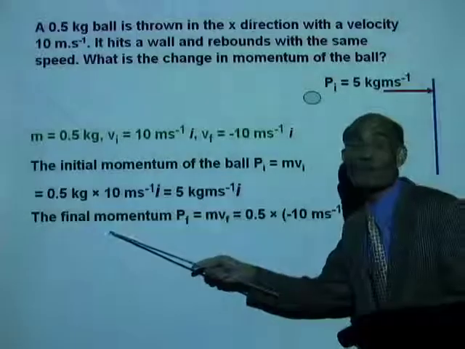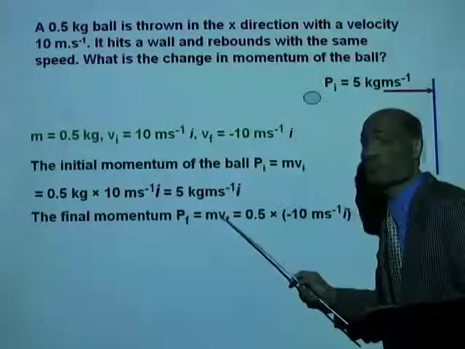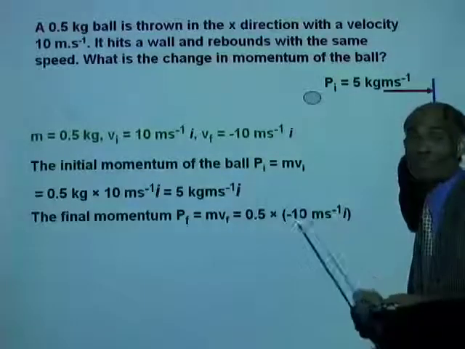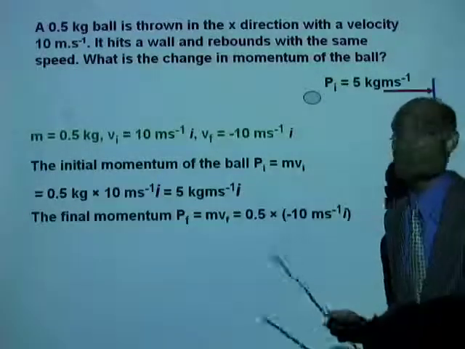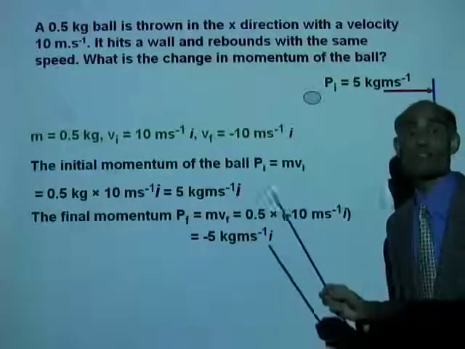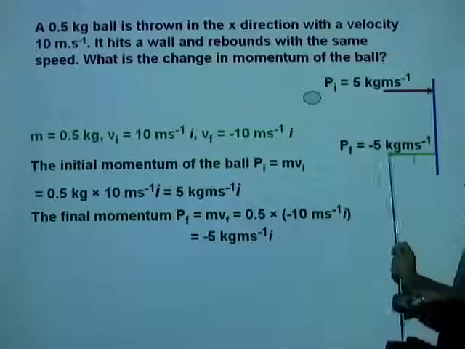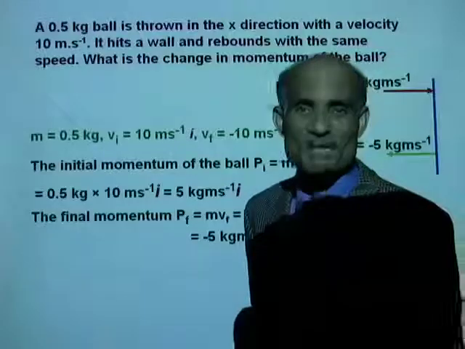What is the final momentum? The final momentum Pf is mvf, mass times the final velocity. The final velocity is negative 10 meter per second i, and that is negative 5 kilogram meter per second. This is the final momentum. Now tell me, what is the change in momentum?